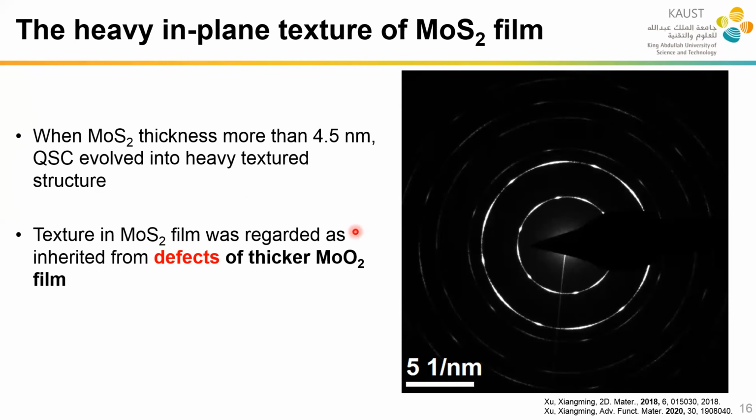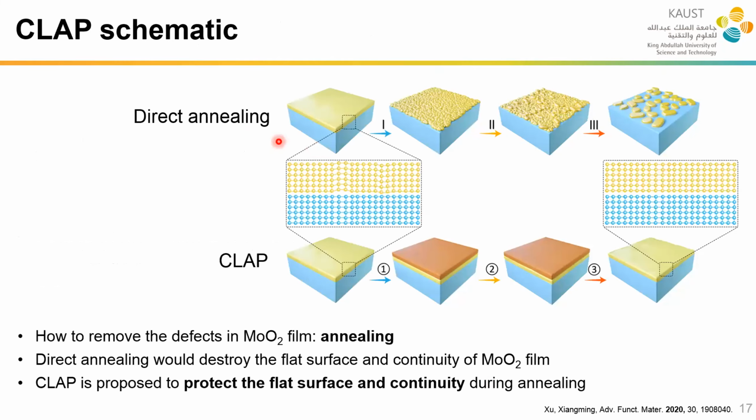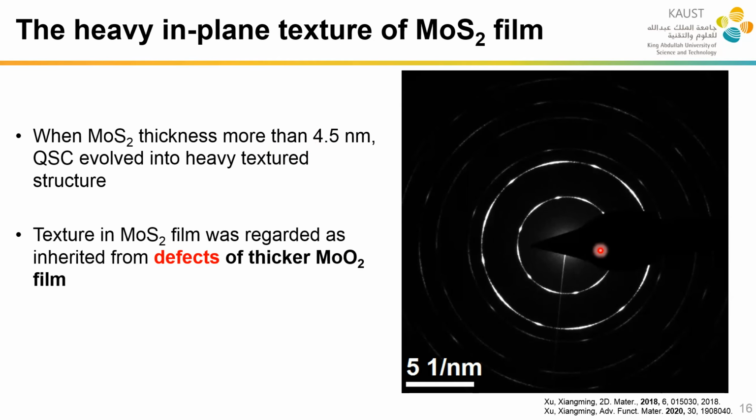Another phenomenon we also figured out is in the thicker film. We found that if we increase the molybdenum oxide precursor thickness to more than around 5 nanometers, we lose the orientation, as we can see here.